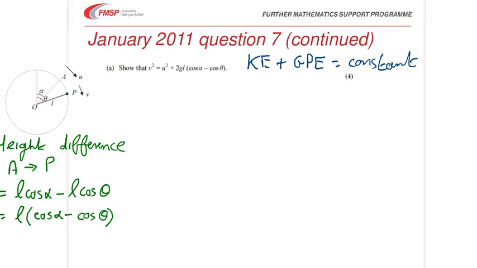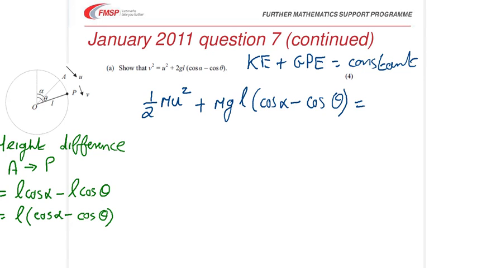So it's a fairly straightforward bit this. The kinetic energy at A is a half m u squared. The gravitational potential energy at A compared to P is mgL(cos alpha minus cos theta), and that's equal to the kinetic energy at P, half m v squared.